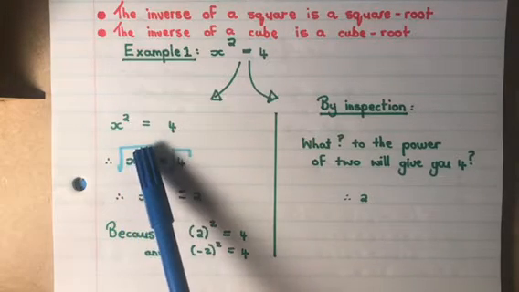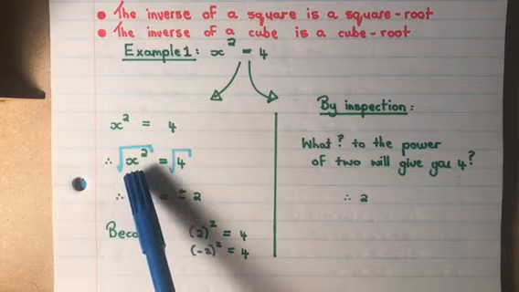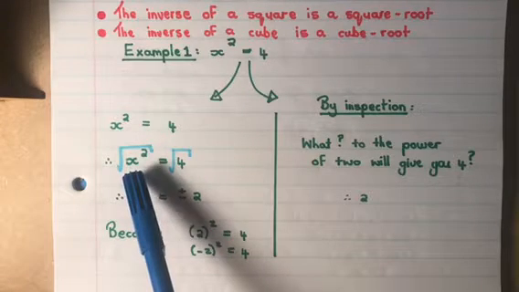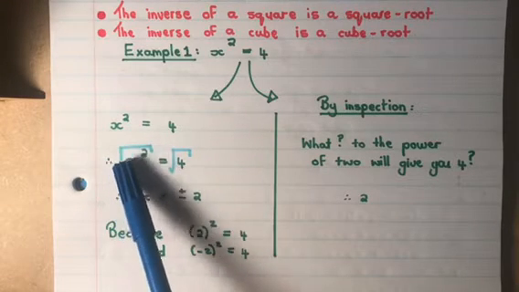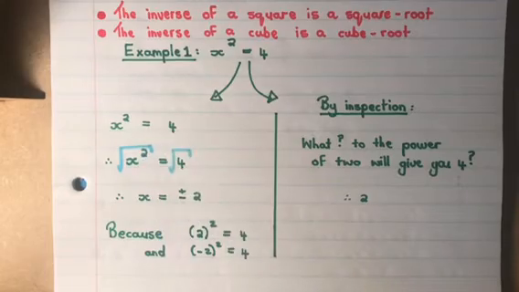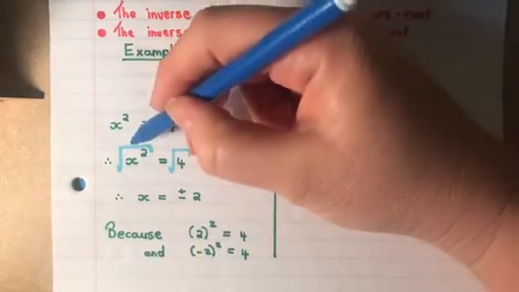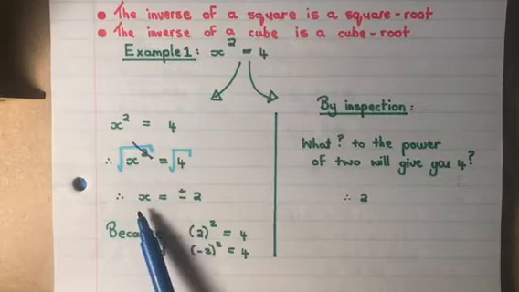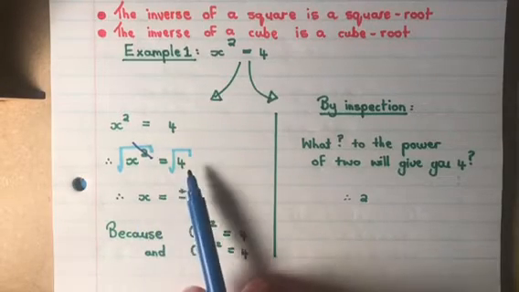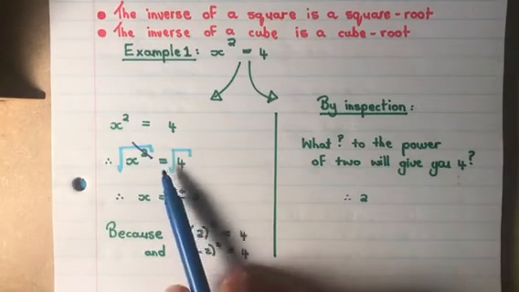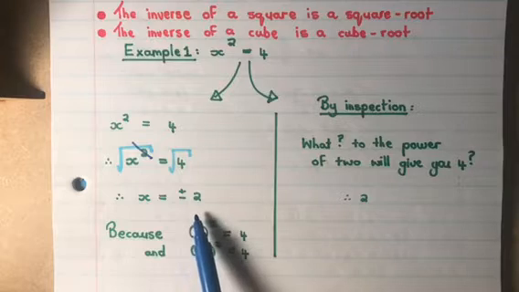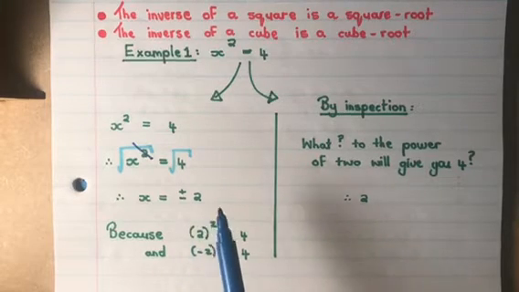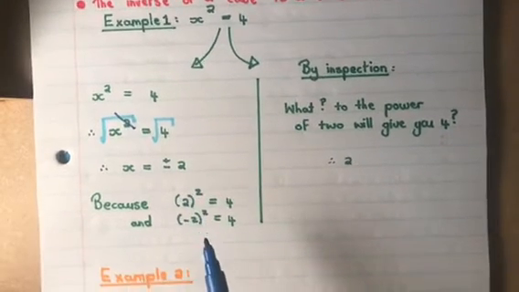So if you see an x squared, you say, all right, what is the inverse of a square? A square root. So you place a square root over that, and they cancel out, and you are left with the x. But what you do on the one side, you have to do on the other side. So the square root of 4 is then 2.